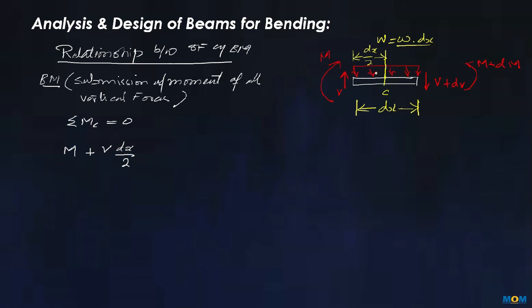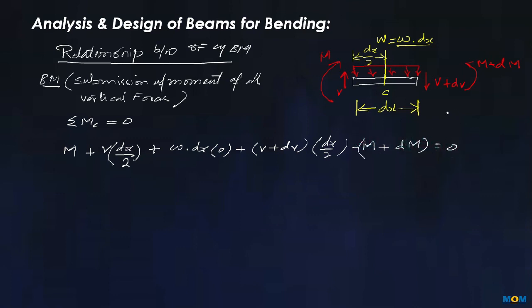We are taking moment about this, so V into dx upon 2, plus omega into dx, that is the magnitude, which has zero moment arm about C, plus we have V plus dV again at distance dx upon 2 on this side, minus M plus dM is equal to 0.